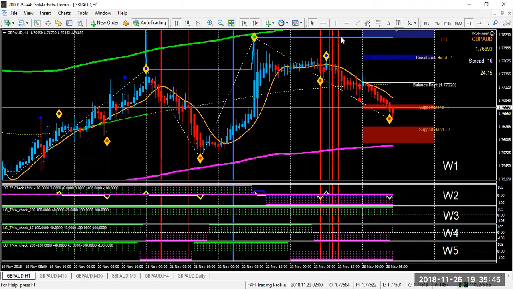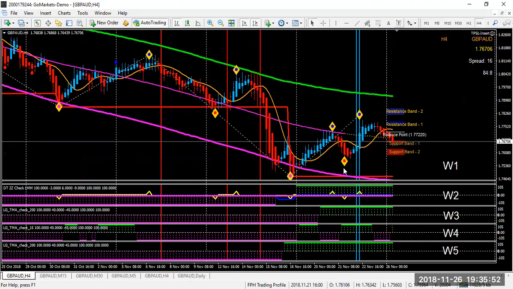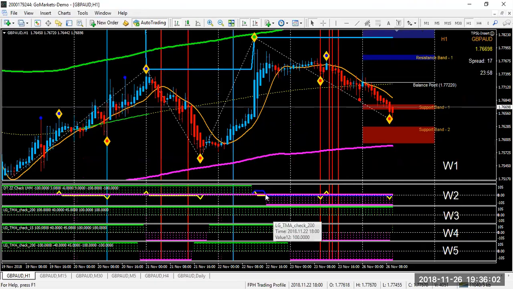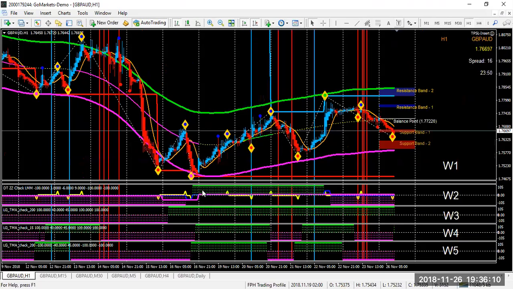If I move this up to 4 hour, you'll see that it'll give you the shading of the 4 hour. We already know that the 4 hour has got a blue diamond looking for a red diamond, so it's displayed there. So even when we're trading at 1 hour, we're actually seeing the bigger picture of the 4 hours.